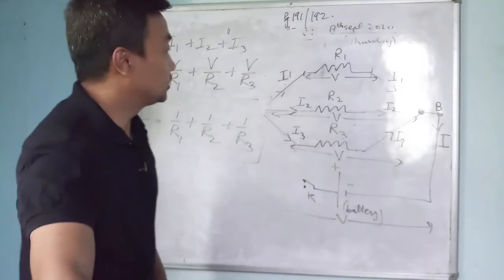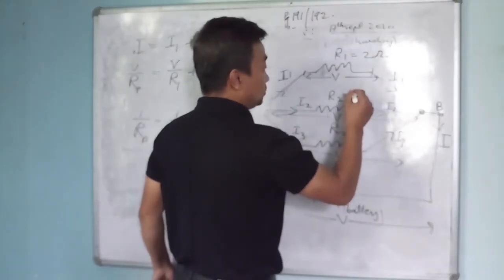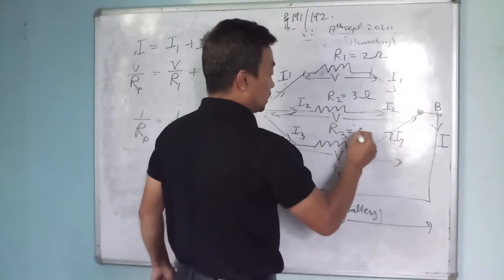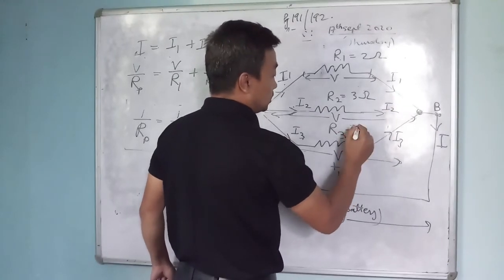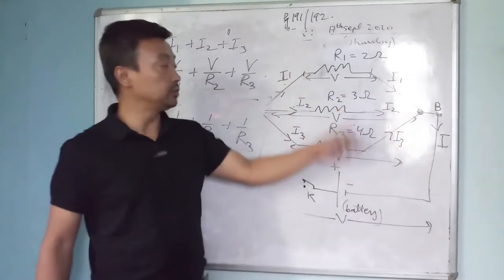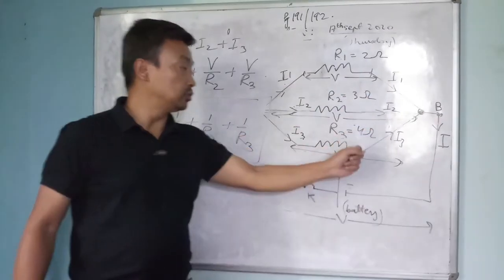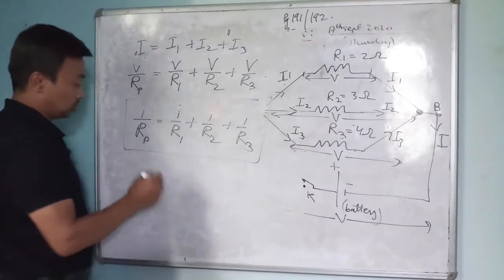Let us take an example. Suppose R1 is 2 ohm, R2 is 3 ohm, and R3 is 4 ohm. Suppose this is just a random value. So let us check this.